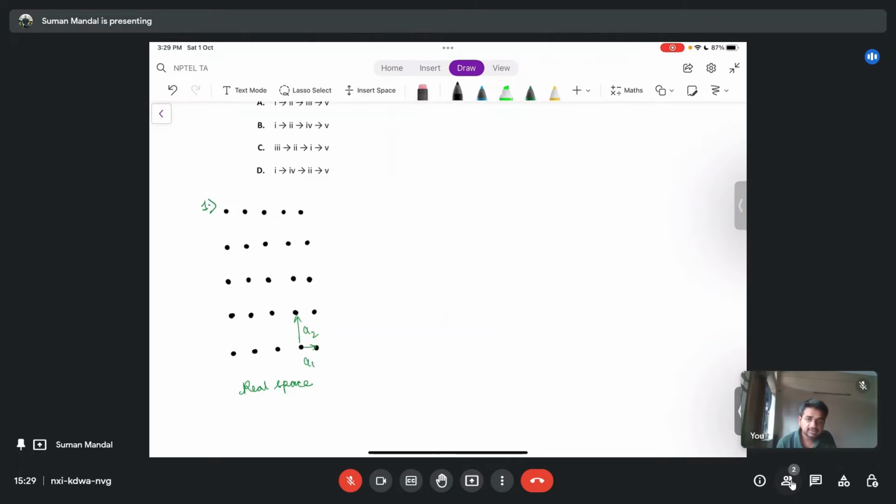Now, how will the reciprocal lattice of this lattice in the real space look like? It will look something like this.